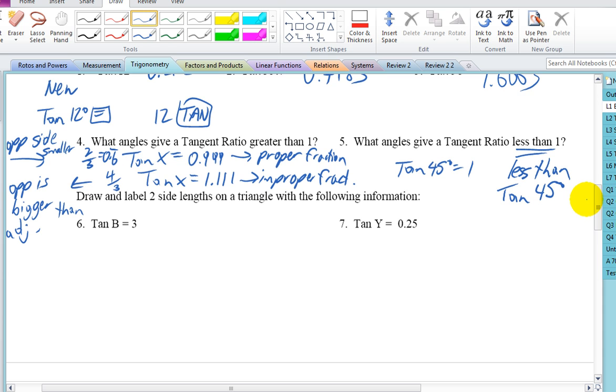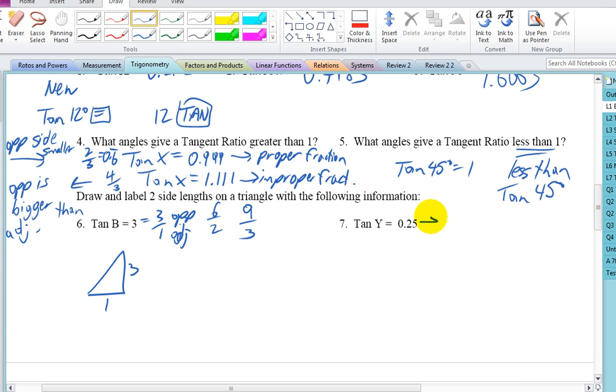If tan b equals 3, that means that this equals 3 over 1. The opposite side is 3. The adjacent side is 1. Or you can have 6 over 2. How else can we have it as 3? 9 over 3. Okay, so this would be 3 and 1, etc., etc.